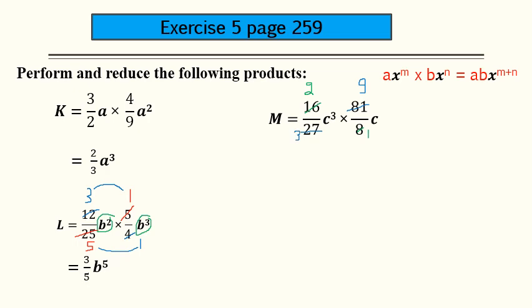Okay, we can still simplify here. 9 and 3 both are divisible by 3. 3 divided by 3 is 1. And I think it's clear here. And 9 divided by 3 is 3.